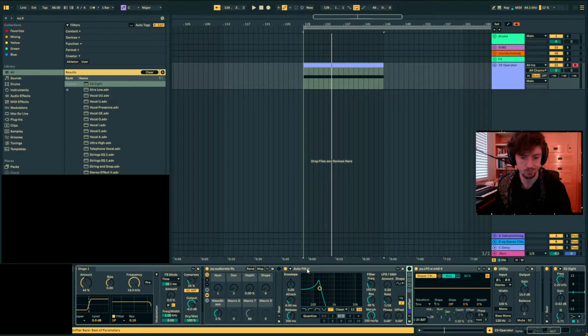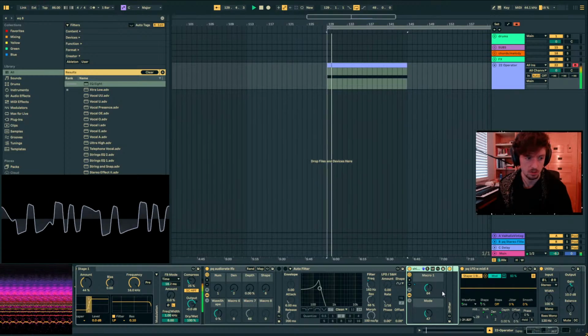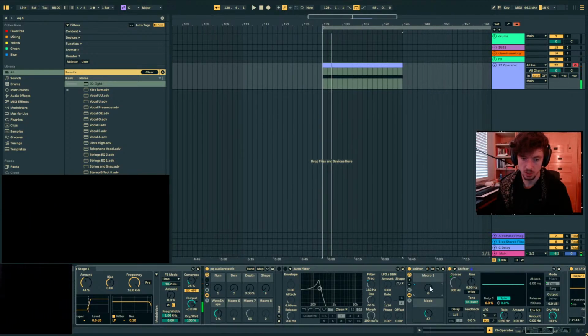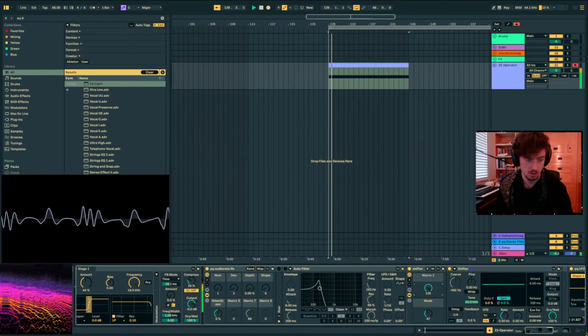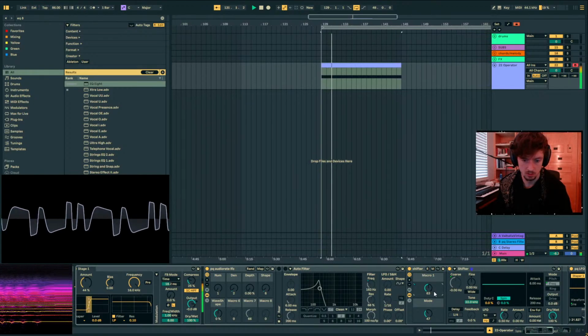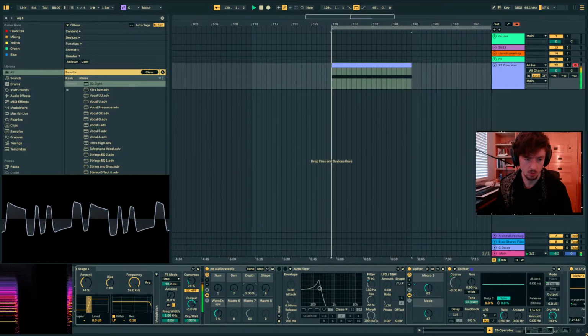That's what I'm thinking. I also tried experimenting with this with a shifter, so the frequency shifter. Here we go with this. Oh, depth.